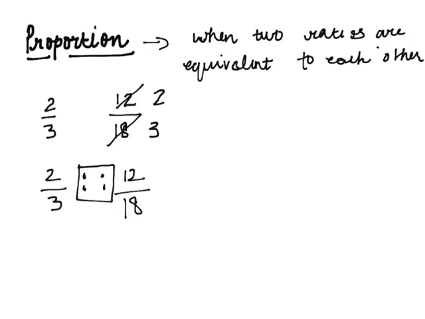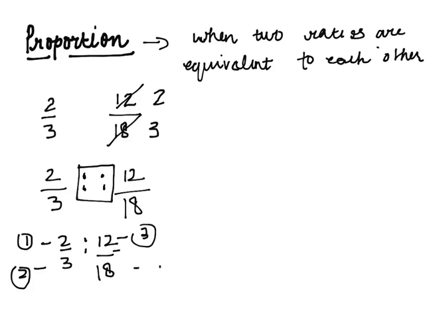Now, next, if two ratios are in proportion, meaning 2 by 3 is in proportion with 12 by 18, so here this will be our first term, this our second term, this third term and this fourth term. When they are in proportion, sorry, I forgot to put this mark.